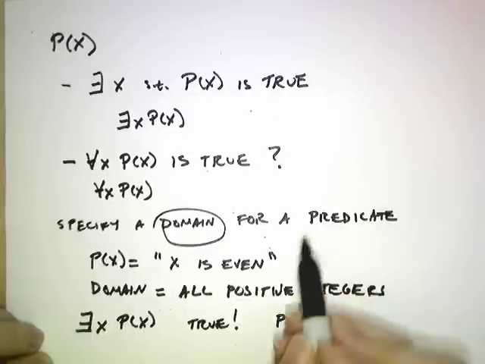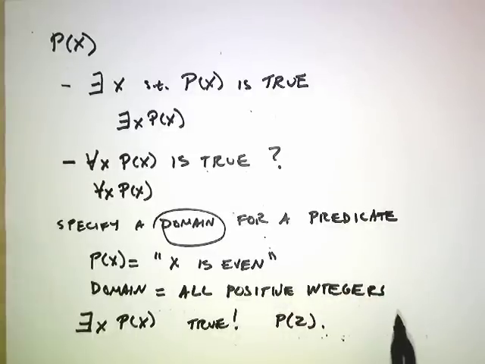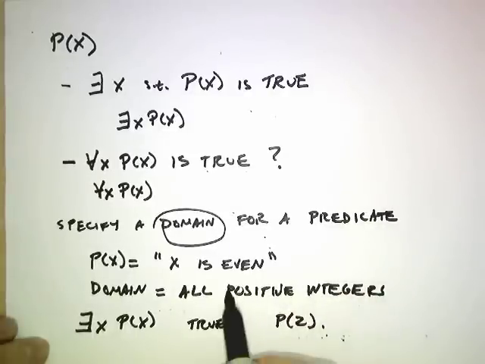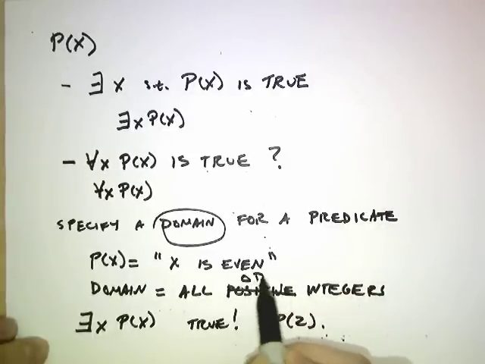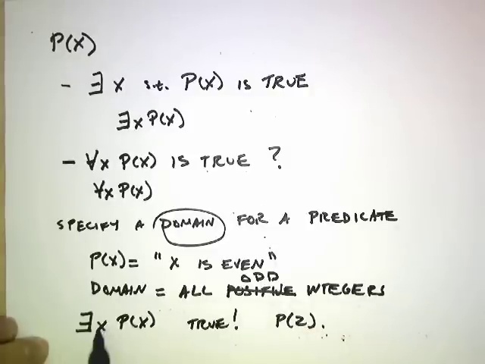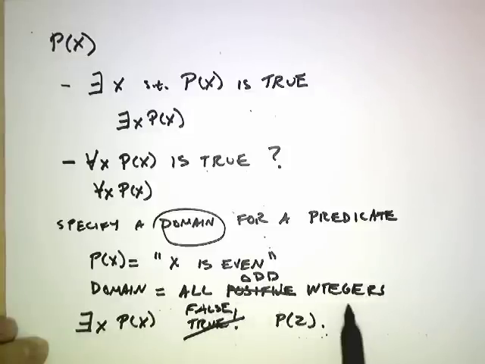But what if the domain, instead of all positive integers, we said was all odd integers? Okay. Then there exists x, p of x? Well, that would be false, because we've switched from the domain being all positive integers to all odd integers.